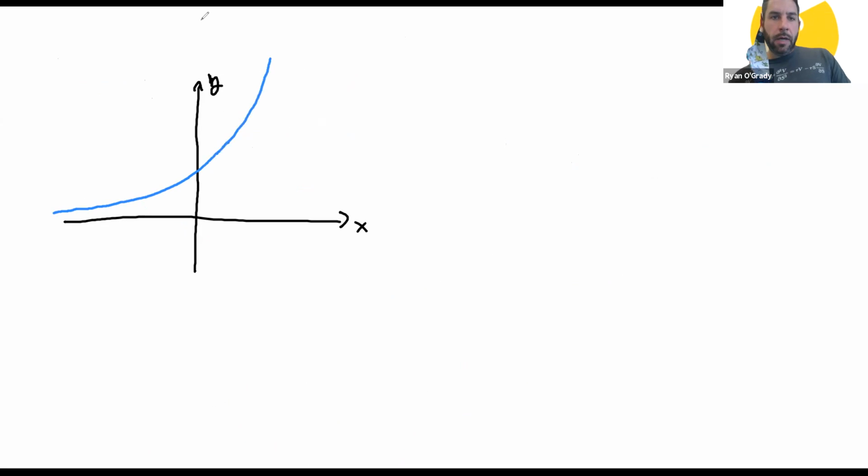So this is my function y equals e to the x. And we know, hopefully you all are aware, that it goes through the point 0, 1. And then the tangent line is the line that has slope 1. So this is the tangent line, y equals 1 plus x.